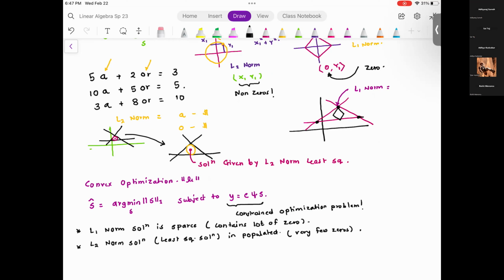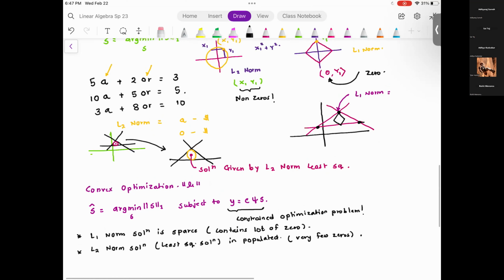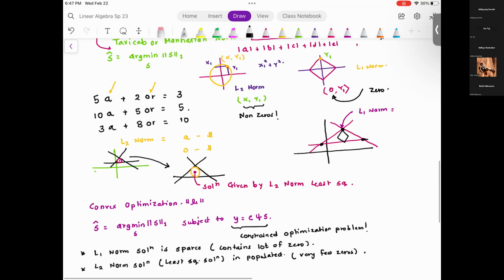So we are going to look at the MATLAB implementation of how this is done. And one thing to note is you would need computational power to perform these optimization problems, which means even though the theory for this was known, to implement this in a practical situation was difficult because it needed a large computational power.